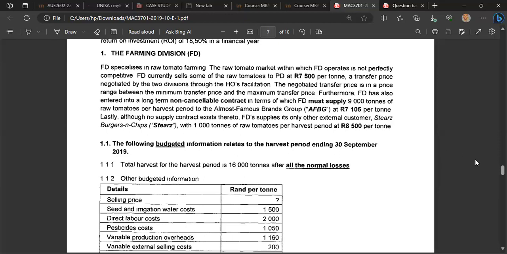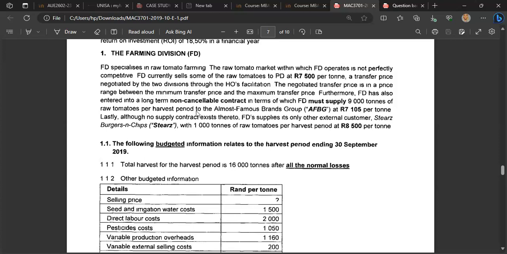FD specializes in raw tomato farming. The raw tomato market within which FD operates is not perfectly competitive. FD currently sells some of the raw tomatoes to PD at 7,500 per ton, a transfer price negotiated by the two divisions through the headquarters facilitation. The negotiated price is in a price range between the minimum transfer and the maximum transfer.